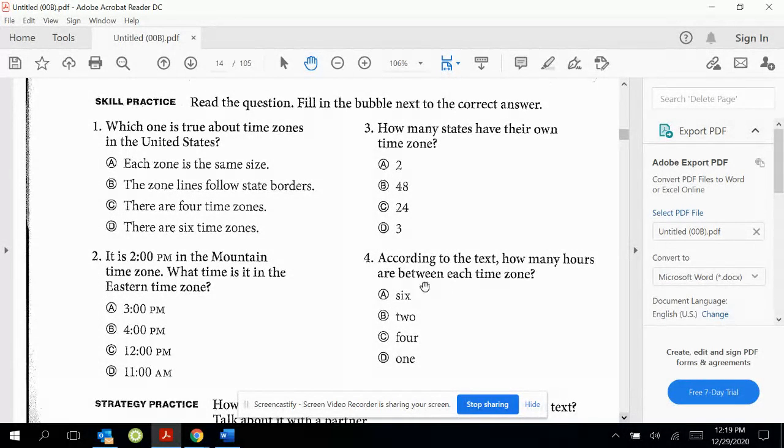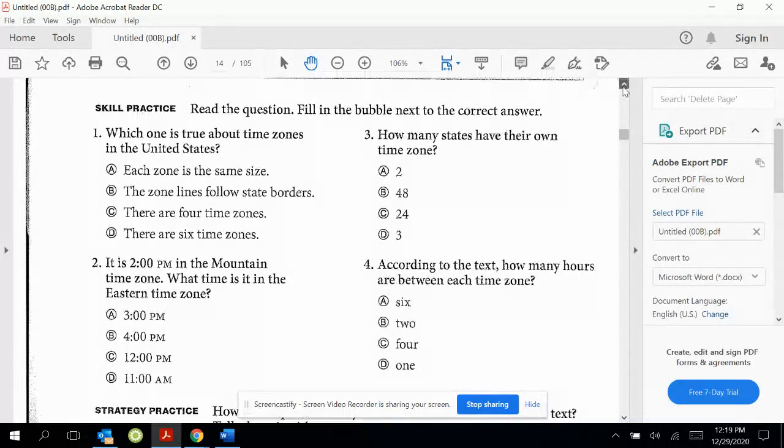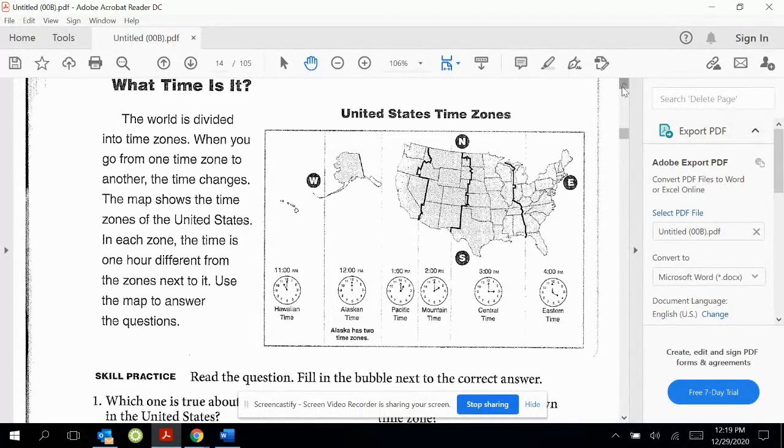According to the text, how many hours are between each time zone? So the text. Okay, here it is. You can look back and see. You can also look from 4 to 3, how long that is.